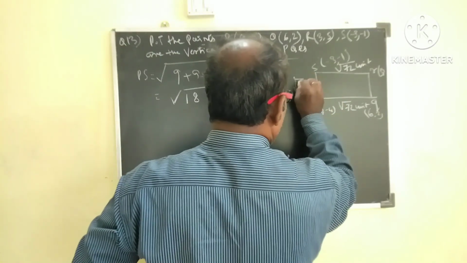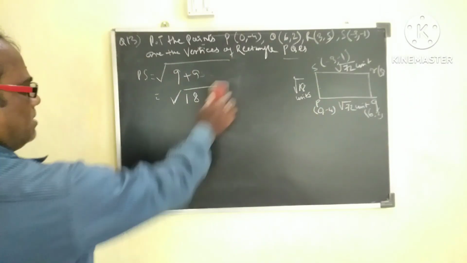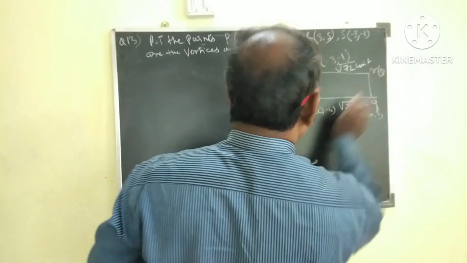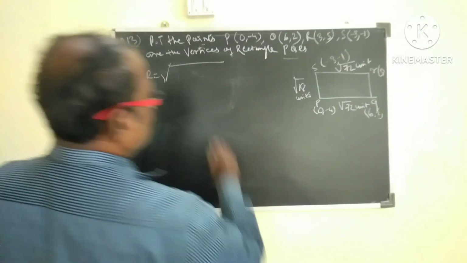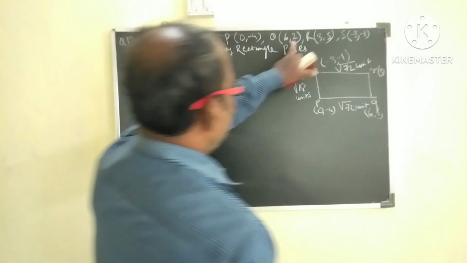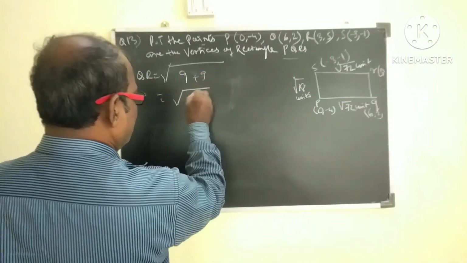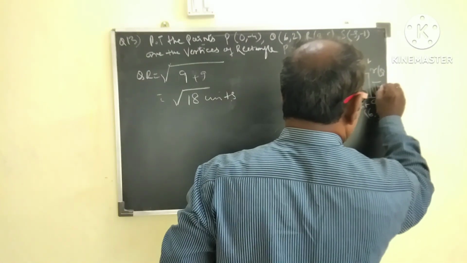So we can write here root 18 units. Next we have to find out QR. QR is 6 minus 3 is 3 square, 9. 2 minus 5 is minus 3 square is 9. Equals root 18 units. Write down here root 18 units.